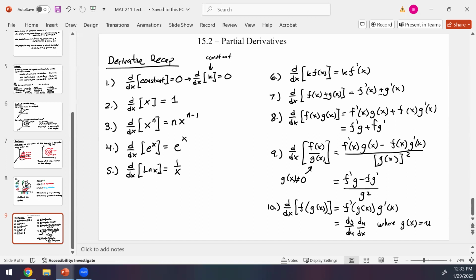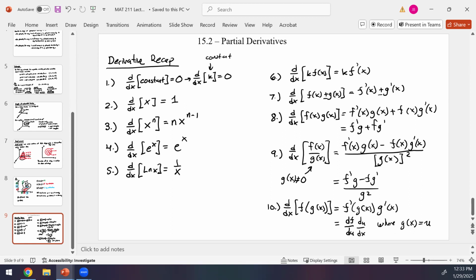So this is another interpretation, and we'll talk about it again later when it's necessary, but you could replace g of x with the letter u, and then this is one way of doing it. And I guess in this case, it might make more sense to use the letter f, but people like to use y, so it's the same thing. We call this Leibniz notation, and it is useful in some respects, especially when you do the chain rule of a multivariable function. Like this is actually how you would do it, right?